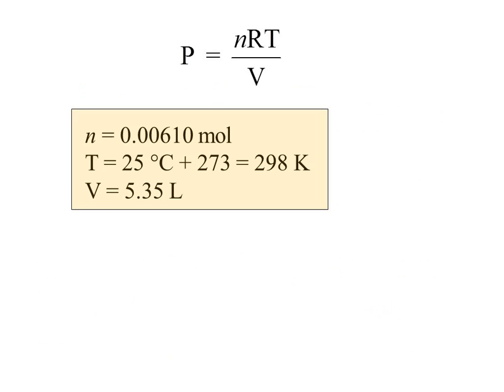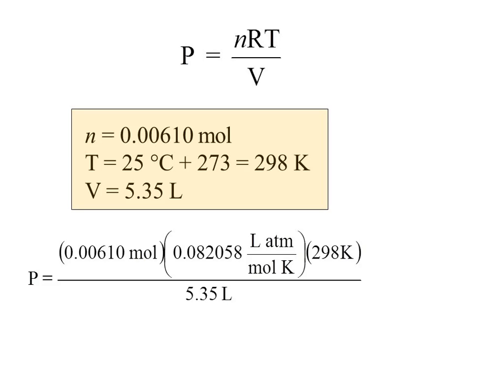Okay, so we have a set of everything except pressure. Our n we got from the mass. The temperature, we better go ahead and convert it to Kelvin, because we need the absolute temperature scale. And the volume was given, 5.35 liters. Now we're ready to plug and chug, making sure that we include units with everything.